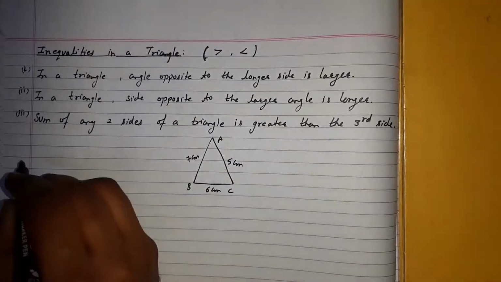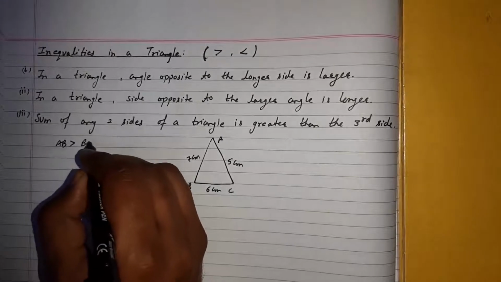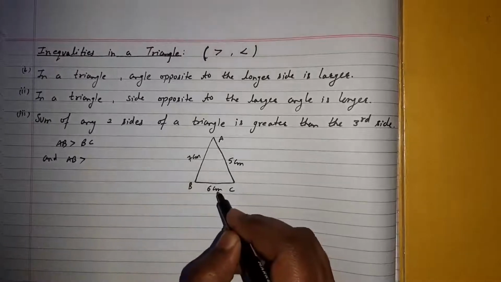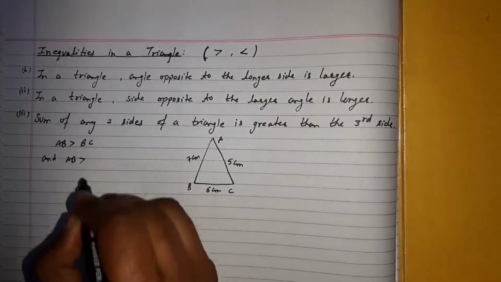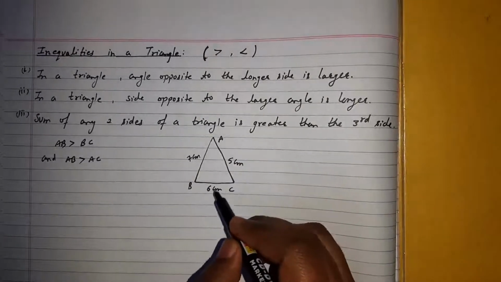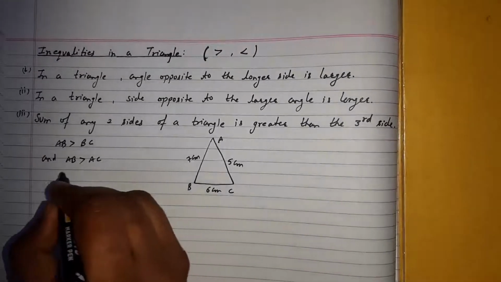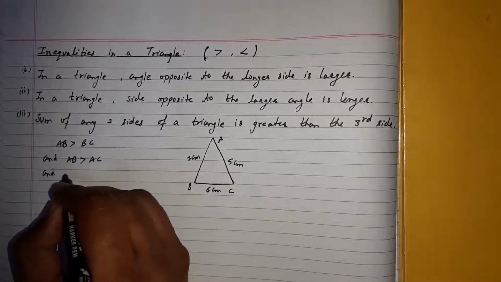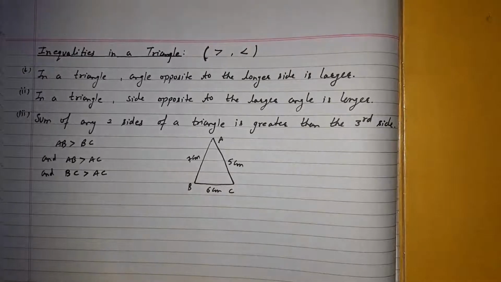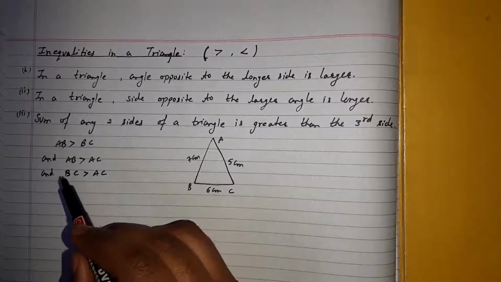So here we can write that the side AB is greater than BC, and AB is also greater than AC. And we can also say that BC is greater than AC. So here we have got a relation between the sides of the triangle.